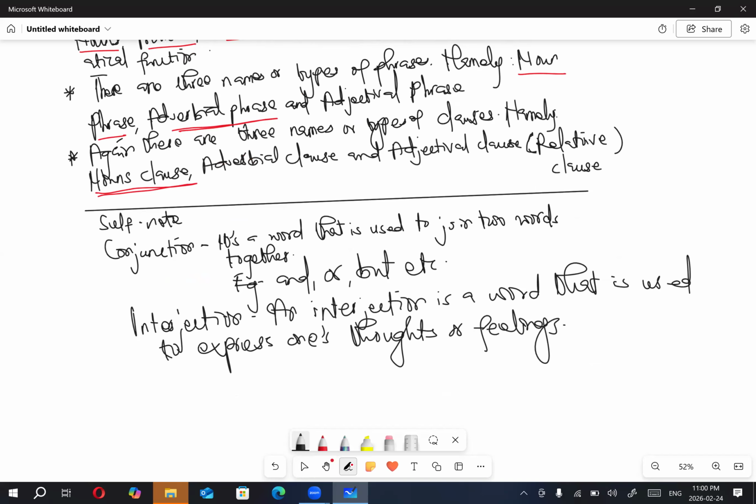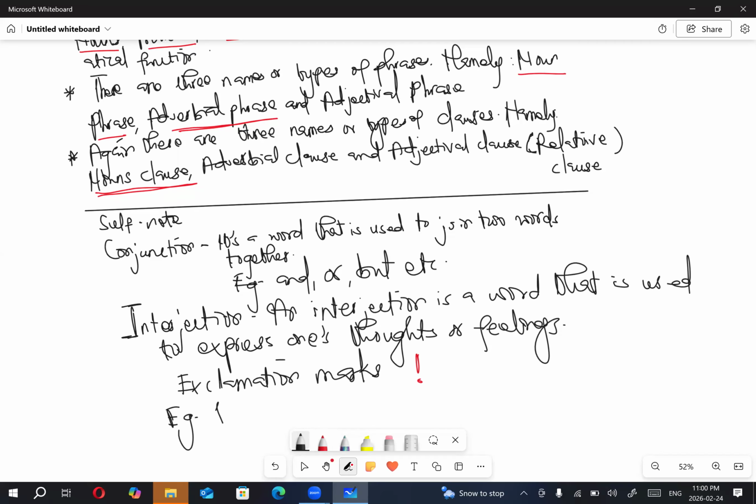We use interjections a lot to express one's thoughts or feelings, and that's what makes English beautiful, right? Sometimes we communicate these with exclamation marks. Do we know an exclamation mark? Yes, we communicate these sometimes with exclamation marks. So there's an exclamation mark.